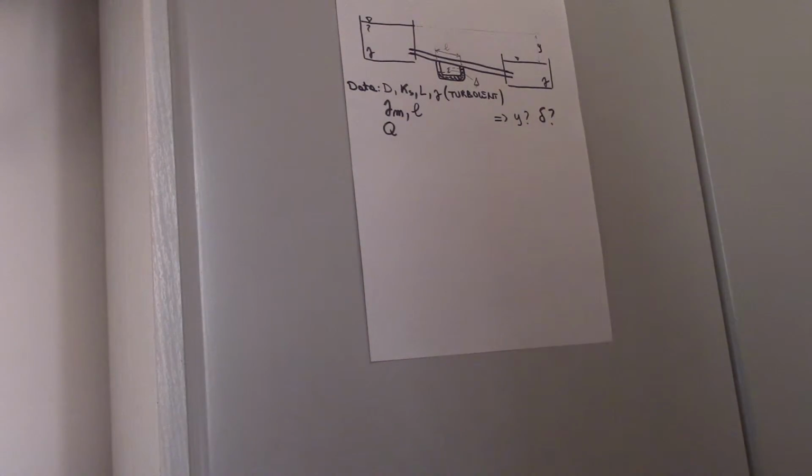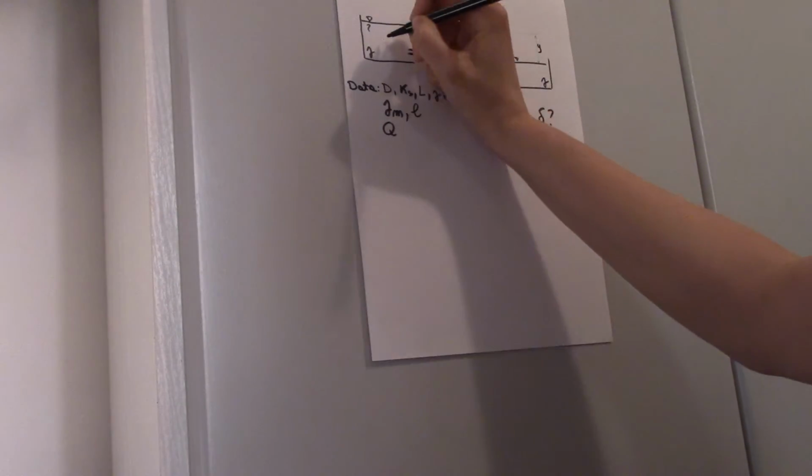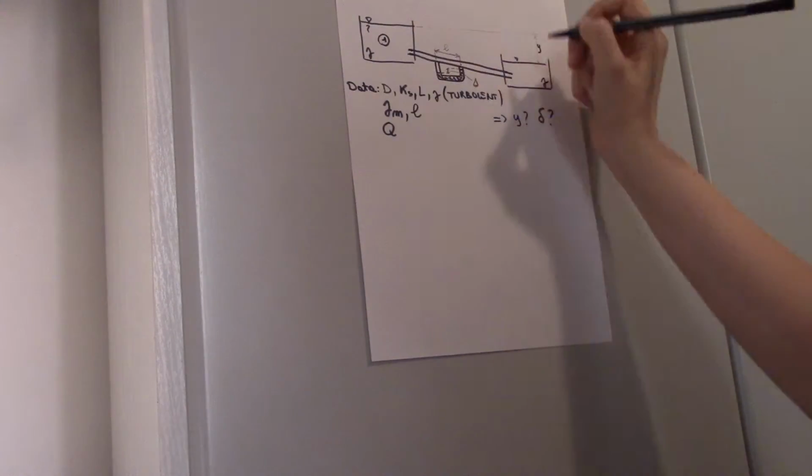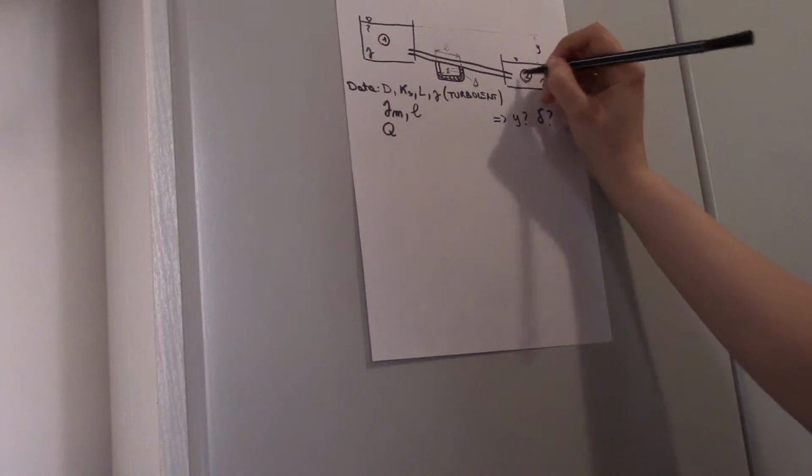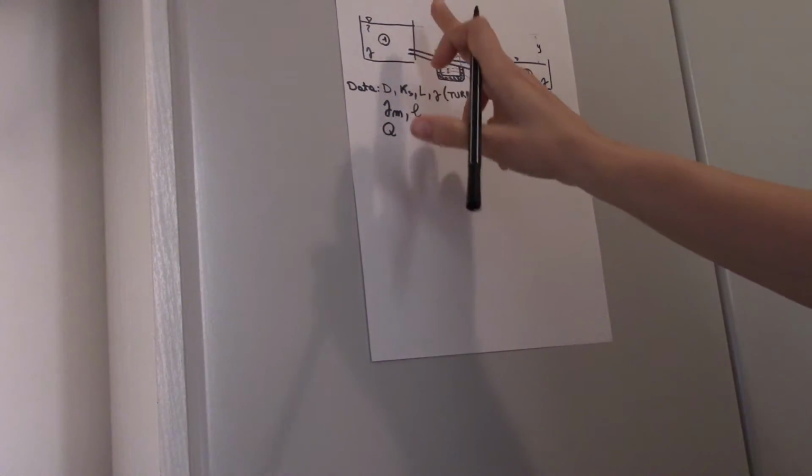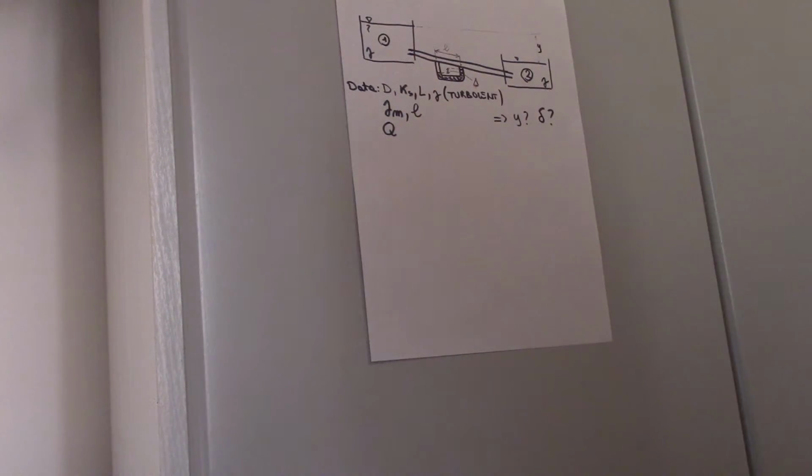To do this, one can just relate to Bernoulli's theorem again, or rather the extension of Bernoulli's theorem. So let's start considering the first tank number 1, and we want to write Bernoulli's from tank number 1 to tank number 2.